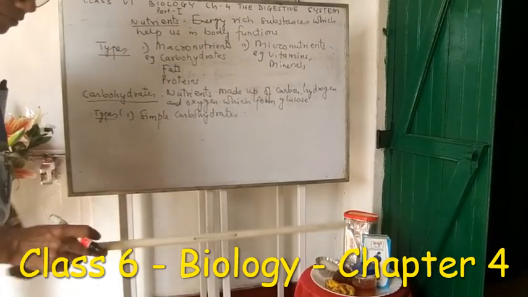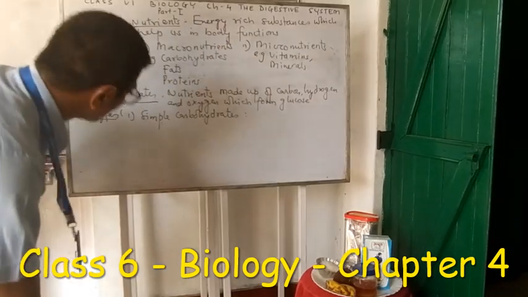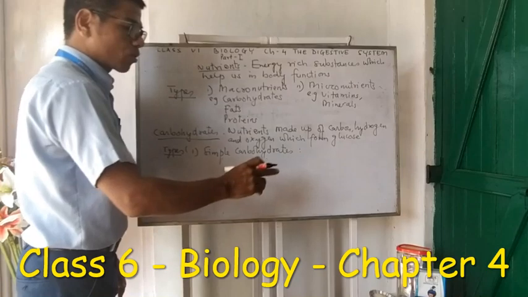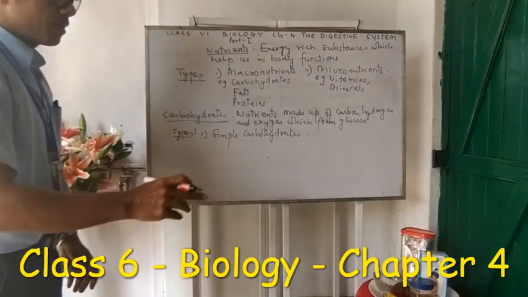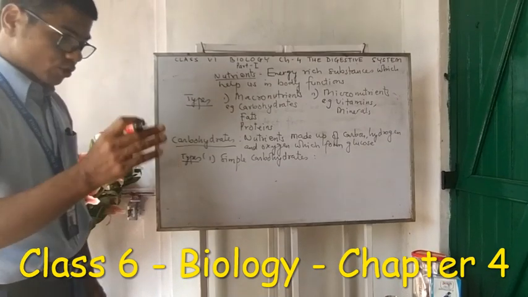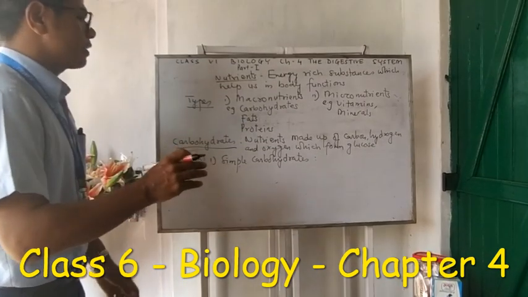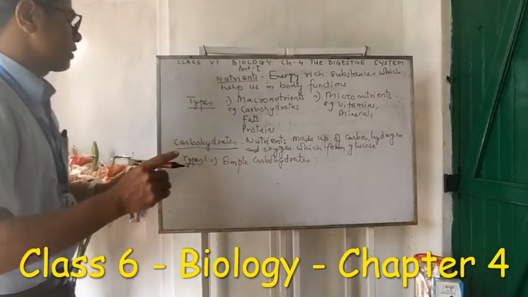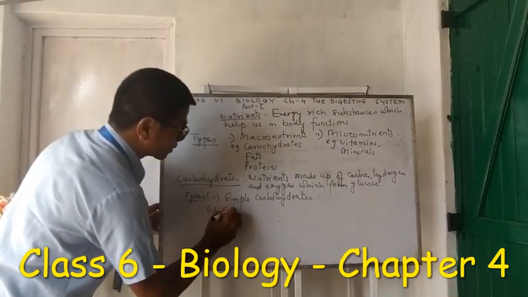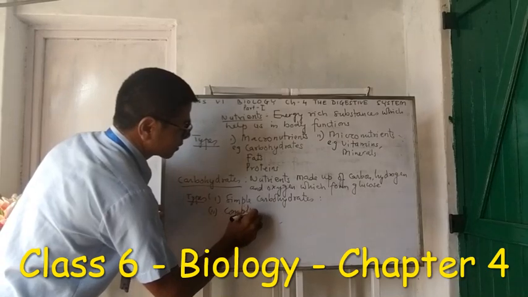These food items belong to simple carbohydrates. Any ripe fruits which are sweet, then sugar. These are simple carbohydrates. Now we go to complex carbohydrates.